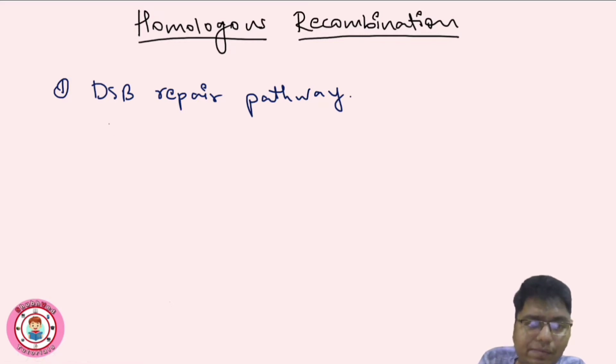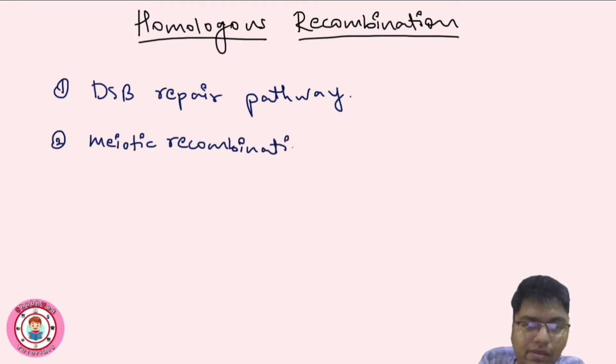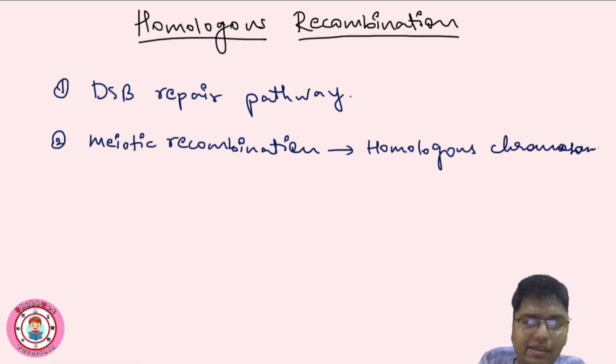So this is the first benefit of homologous recombination. And the second is that homologous recombination is also done in meiosis, right? That is known as meiotic recombination. In that, homologous chromosomes pair to each other, and it gives rise to new combinations.